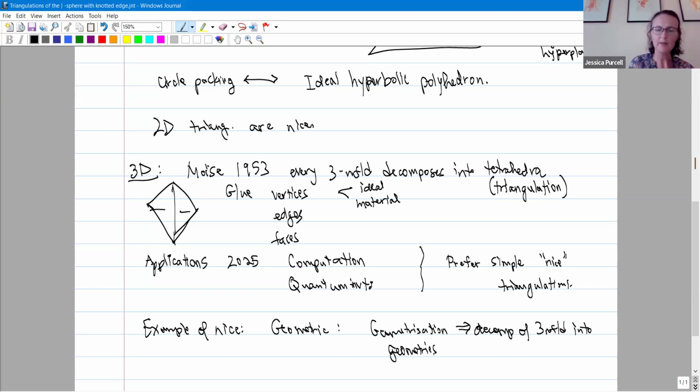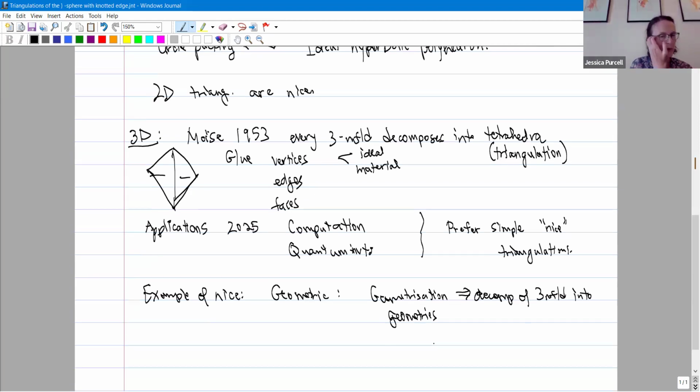So it would be nice if you have a manifold for which you know a triangulation, if you could ensure that the tetrahedra, so the question, can tetrahedra be made geometric?